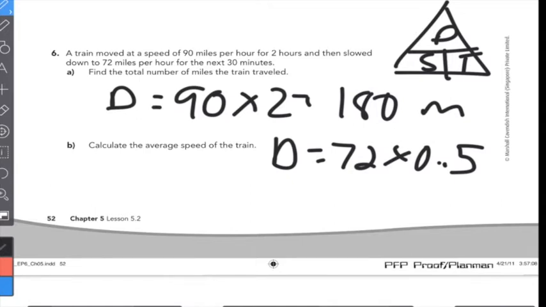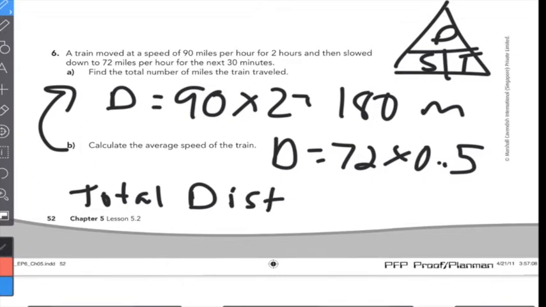So to calculate the average speed, you get your total distance, whatever you had in A. We need the average speed, so the speed is right there.